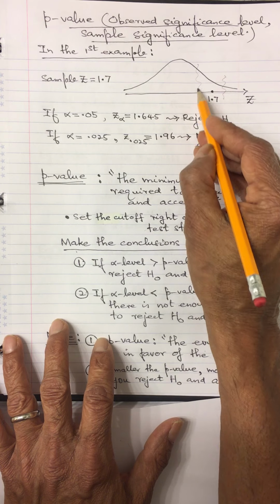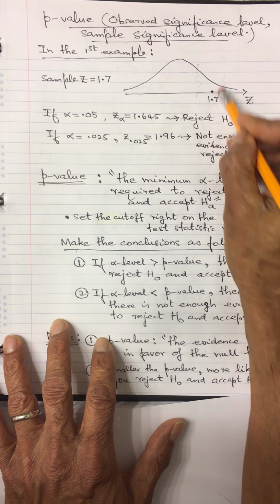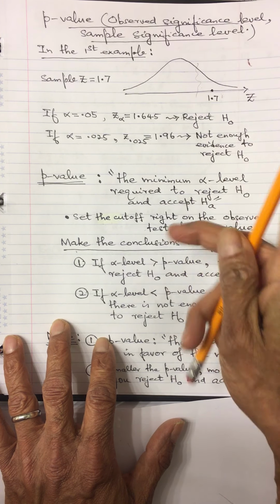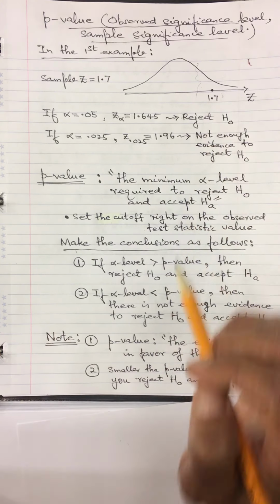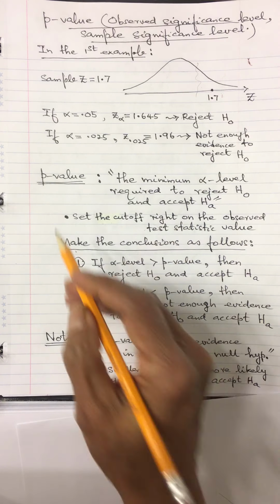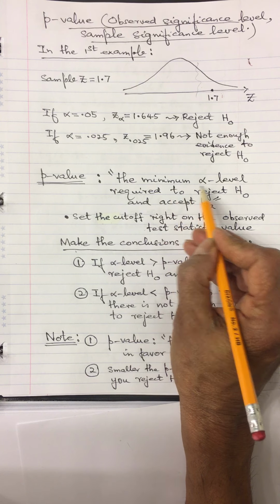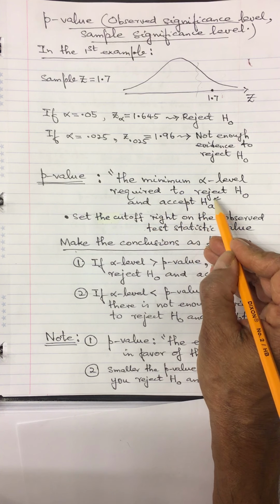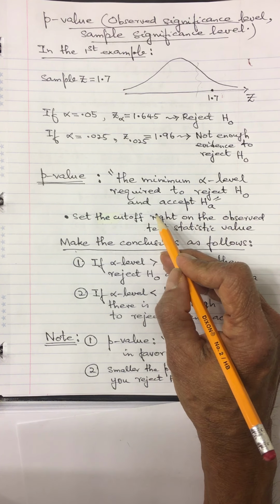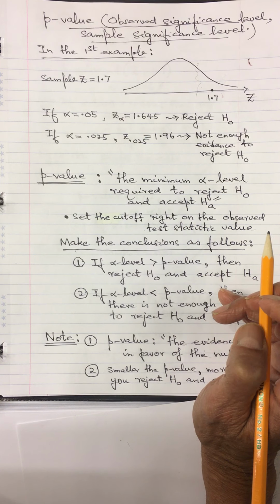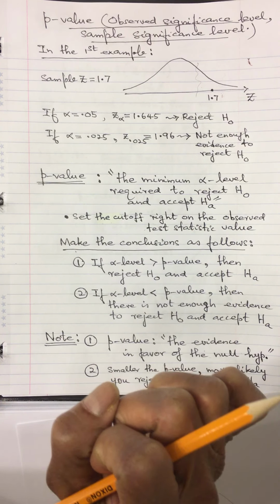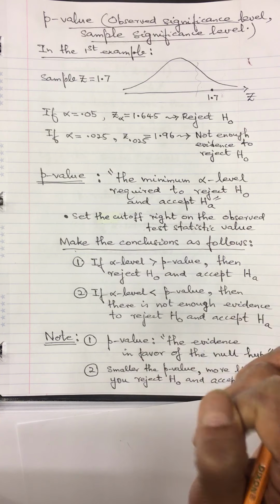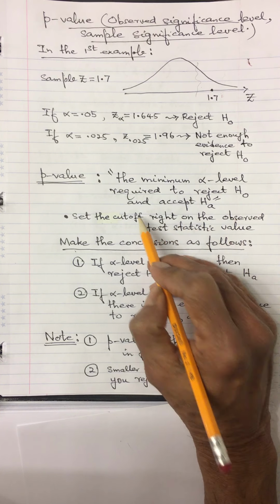But if I draw the cutoff here, then we have enough evidence to reject H naught. So the p-value is the minimum alpha level required to reject H naught and accept HA.